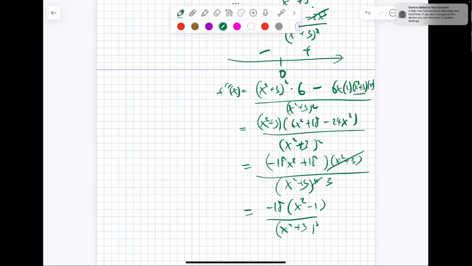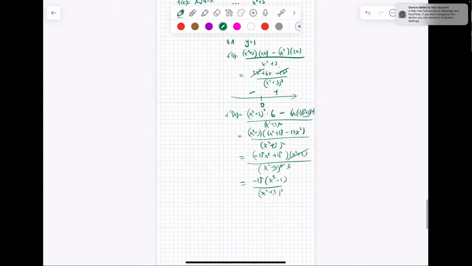Okay, this is one of the questions that you guys have a little bit of a hard time with, but this one is going to be -1, 1. I don't need to test the bottom because the bottom's always positive. So -18 times x squared minus 1.